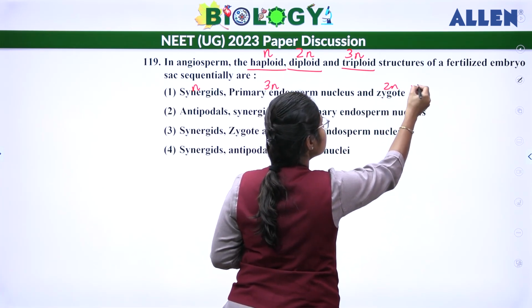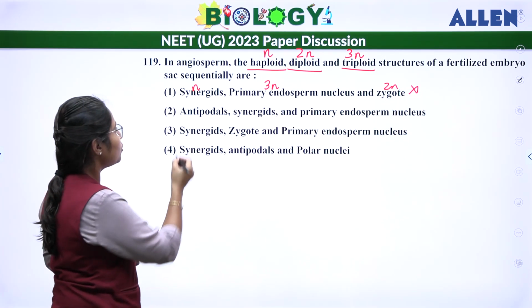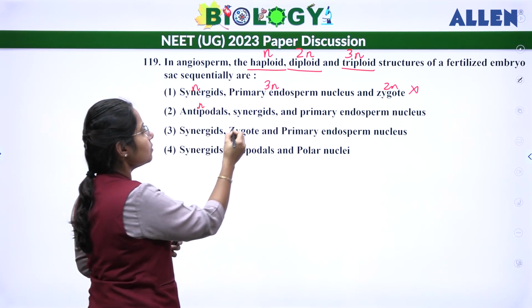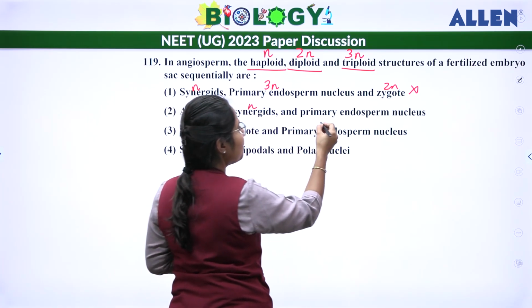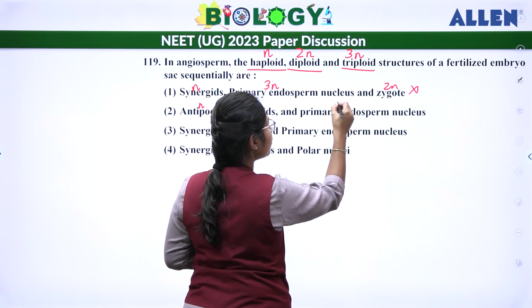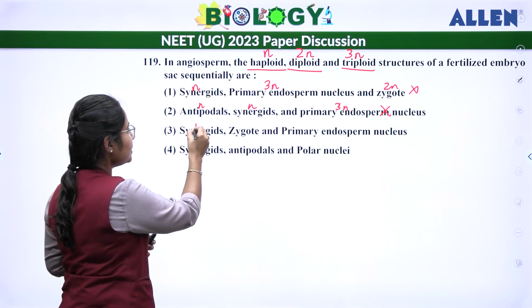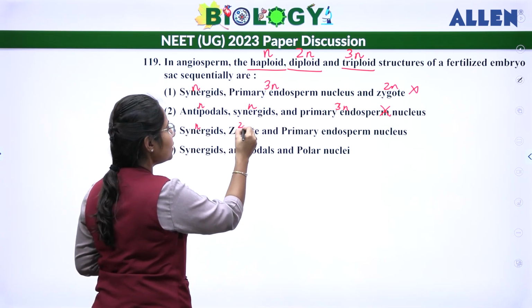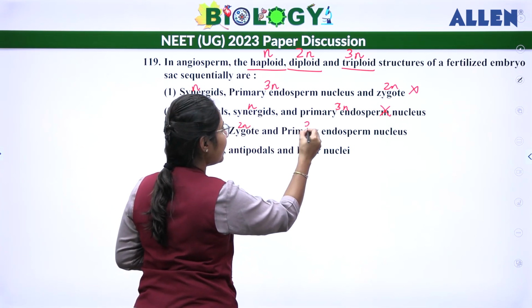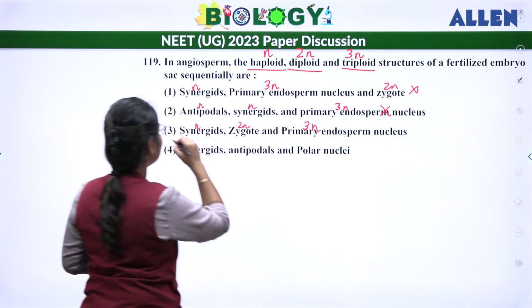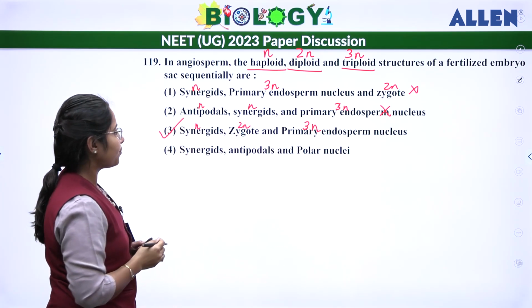So this option is wrong. Antipodal will be your N. Synergid is N and the primary endosperm nucleus will be your 3N. So again this option is wrong. Synergid is N. Zygote is 2N, primary endosperm nucleus is 3N, so this option is correct.